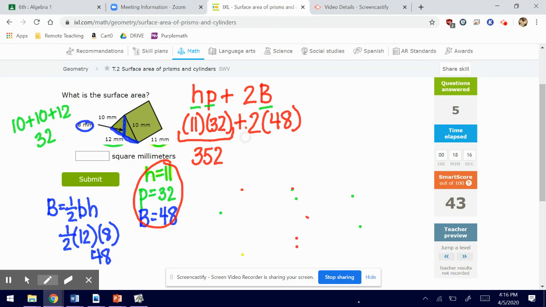And then I'm going to do 2 times 48. Hold on. And that's going to be 96. And so 352 plus 96 is going to be 448. So my answer is going to be 448.